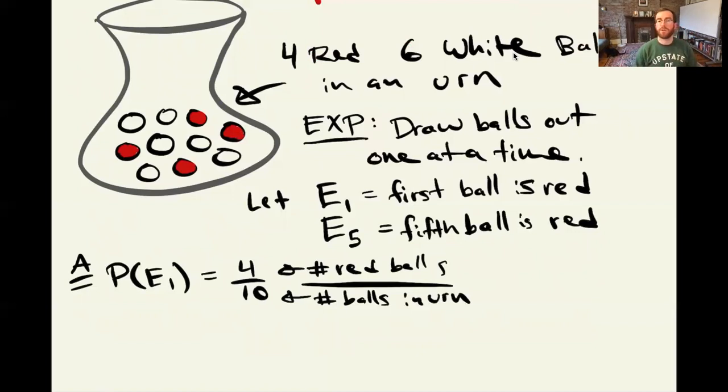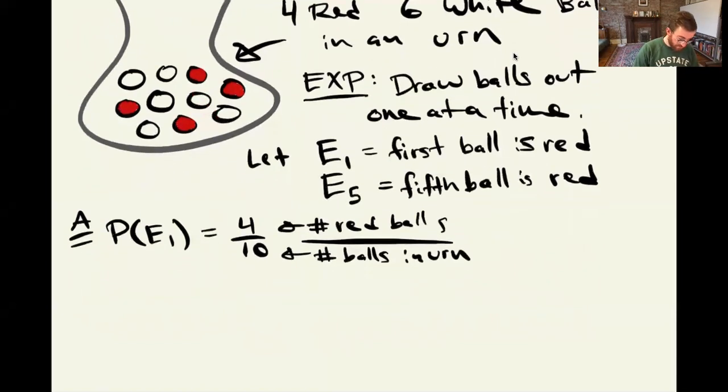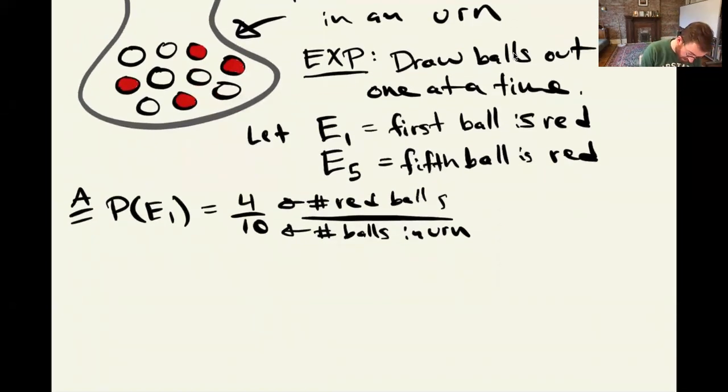How do we compute the probability of event 5? Because somehow we need to take into account all the possible things that could have happened ahead of time. So we did the first question, what's the probability of E1? We now have a second question, which is what's the probability of E5?